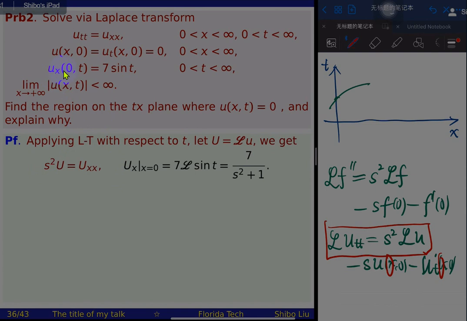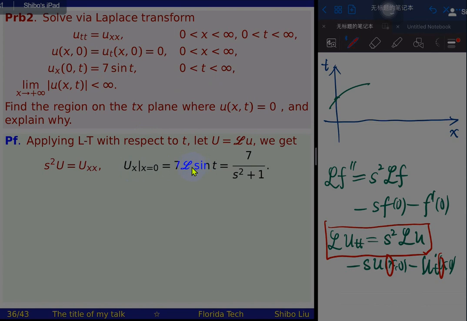For capital U, we apply the Laplace transform to the Neumann boundary condition at x equal to 0. We obtain the partial derivative of capital U with respect to x, when x equal to 0, is the Laplace transform of 7 sine t. That is 7 times the Laplace transform of sine t.